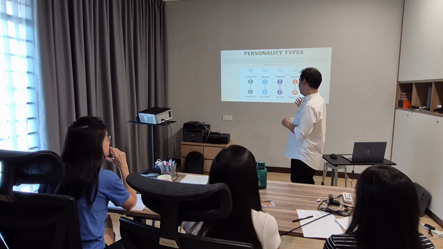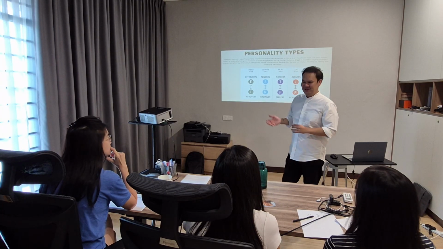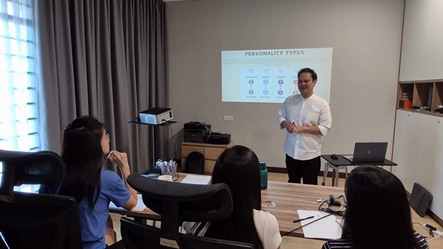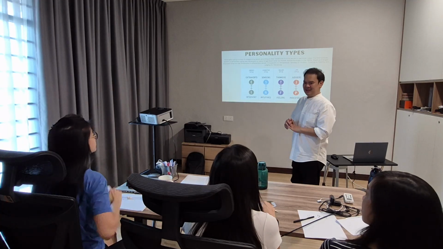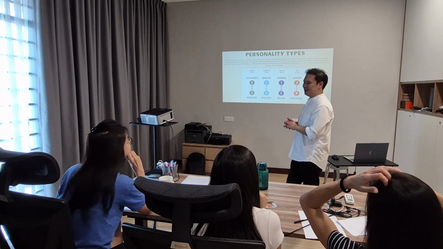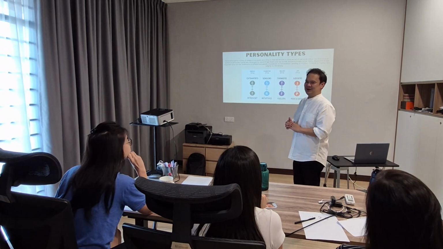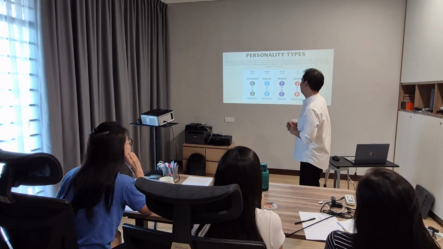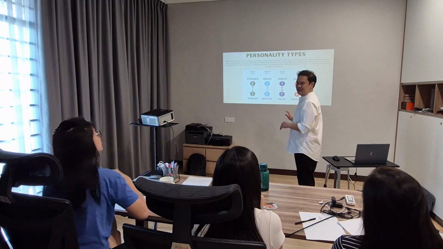The next dimension is cognitive style. Anyone has any idea what that is? How you think? Is cognitive thinking? Yes, you're on the right track. It's how you think, but it's also how you process information, by sensing or by intuition.